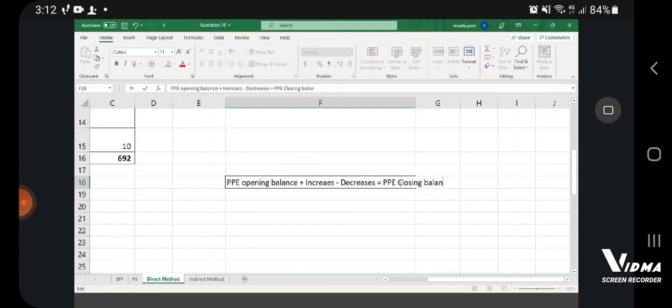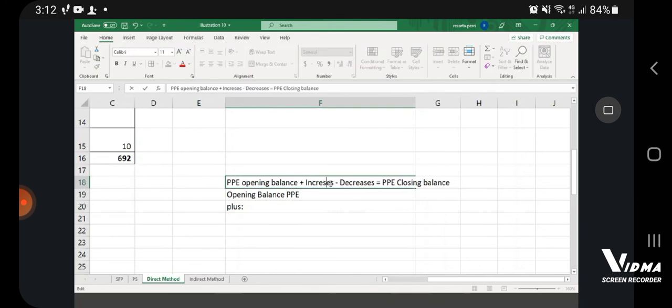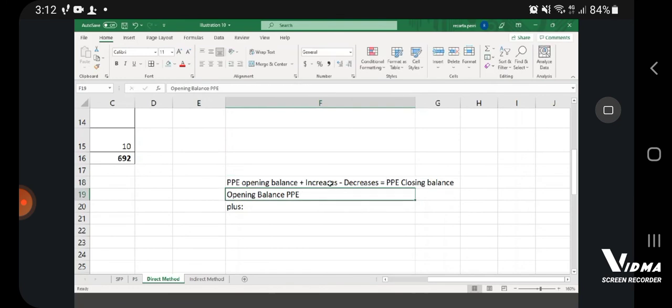Okay, so this is like a common logical formula that we need to express in exact terms right now. We start with the opening balance of the property, plant and equipment, and then we add all the increases that have happened to the property, plant and equipment.